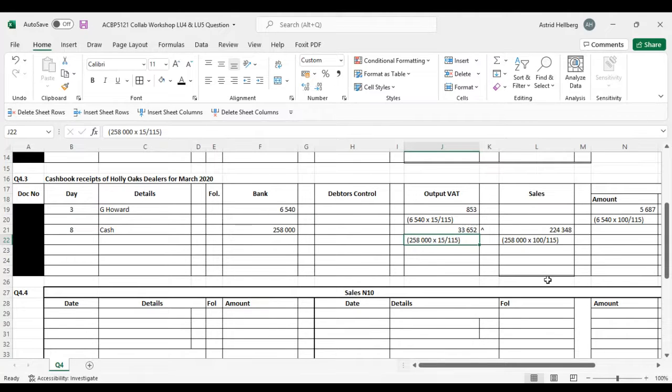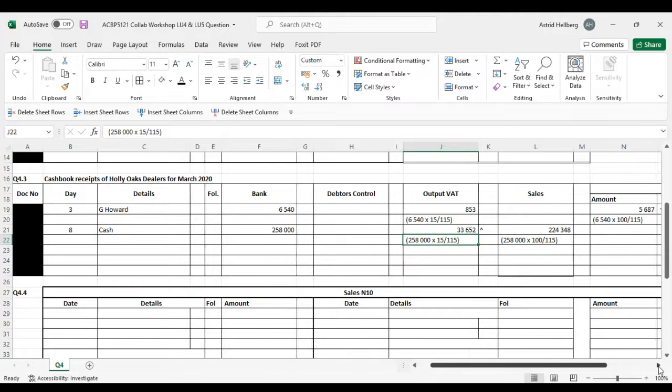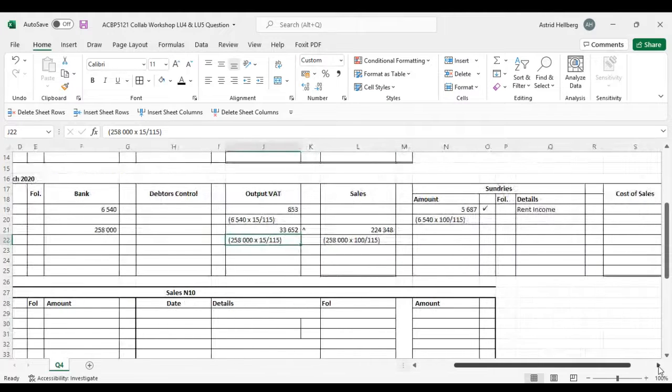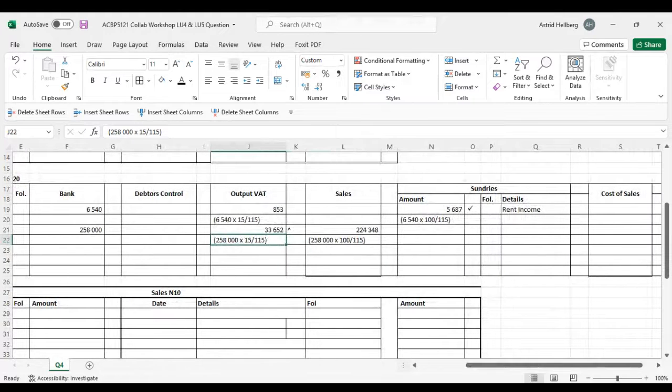Okay, what other step do we still need to account for this specific sale? What do we still need to do in our cash book receipts before we have finished this transaction? Yes, we have to go calculate the cost of sales. Okay, so how would you work out the cost of sales for this amount?